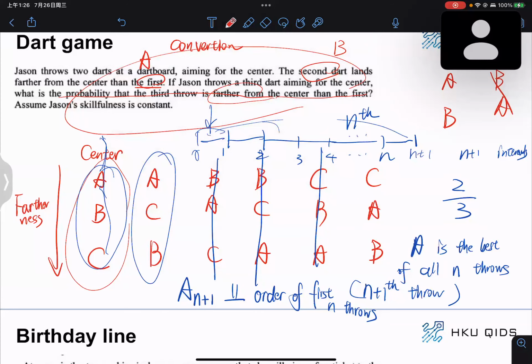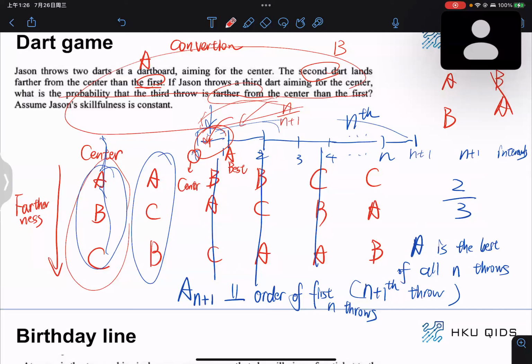And if I'm trying to throw one, basically n of these n+1 intervals, except for this one, can make me further from the center than the first one, right? If we call 0 the center, and this is the best one, only if I throw into this interval can I win.